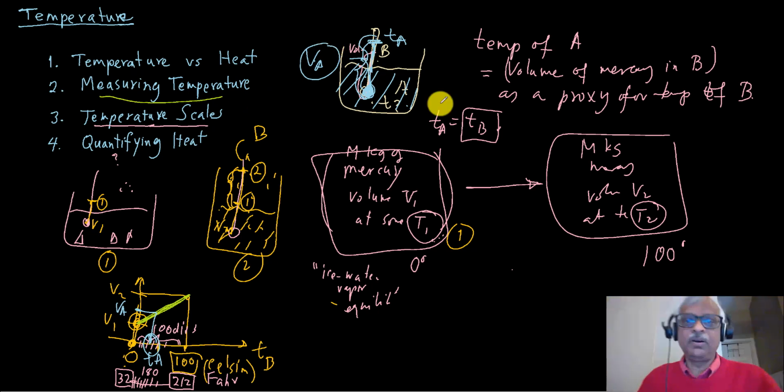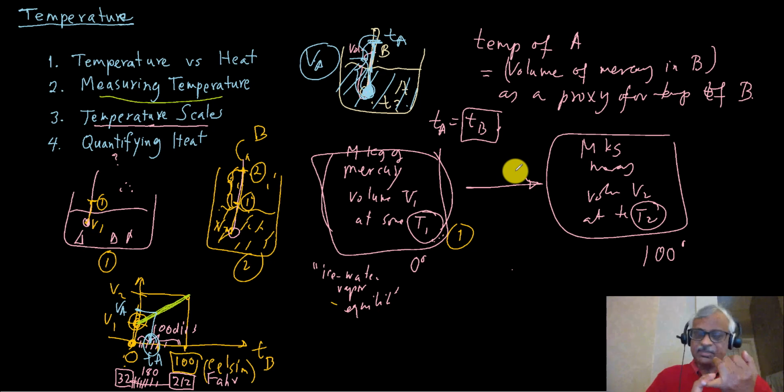Of all this, there are many properties, not just mercury. You can have many properties as a proxy for temperature. Of all the proxies that were discovered and invented, you can have magnetism as a proxy. Materials can magnetize, and they lose magnetism as the temperature goes up. So you can use anything that changes with temperature as a proxy for temperature.